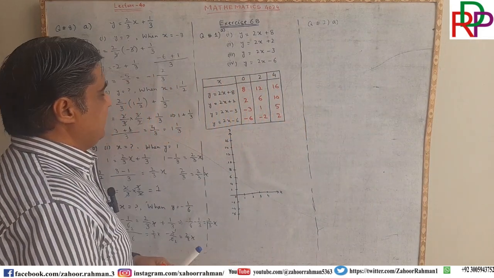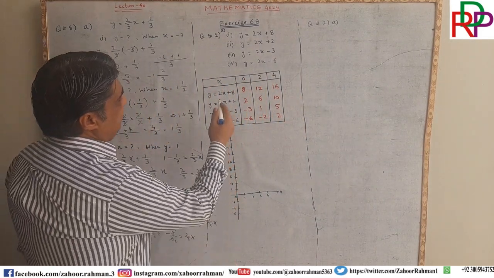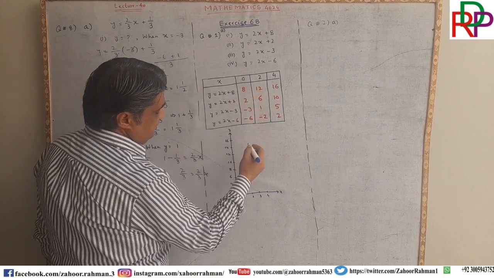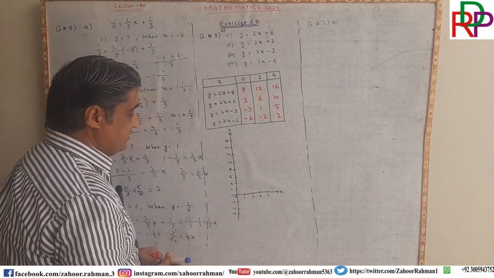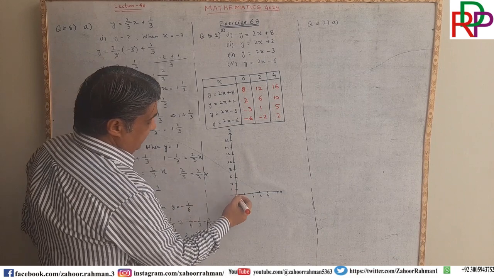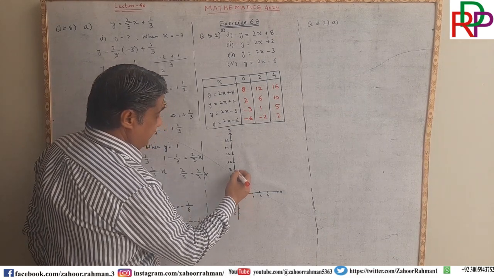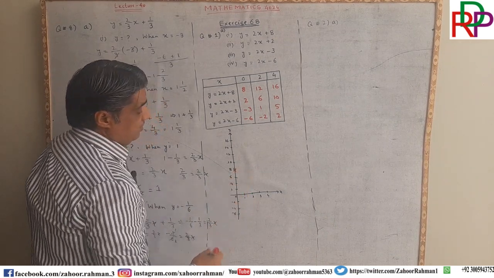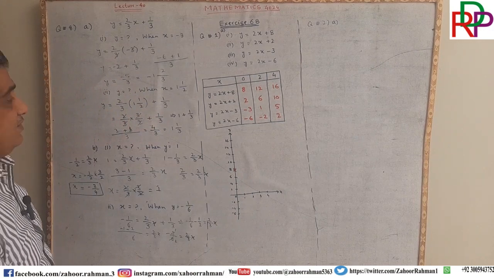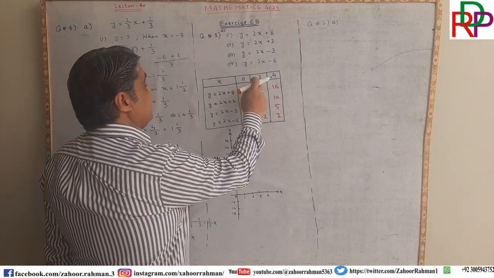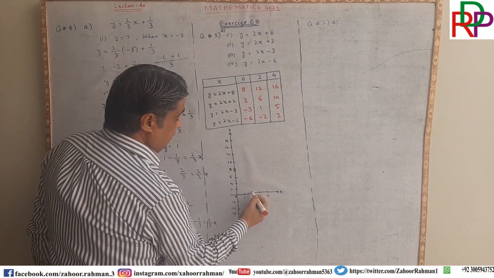Okay, let us now draw. When x is equal to 0, y is equal to 8. So x is equal to 0 and y is equal to 8 will be this point. When x is equal to 2, y is equal to 12.